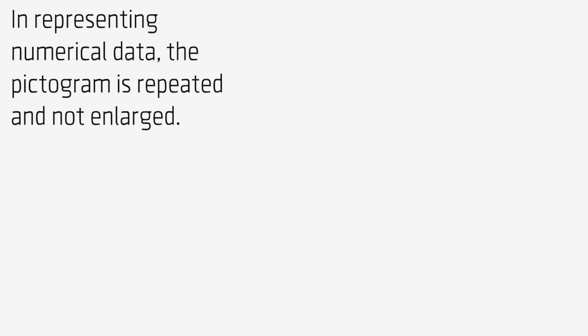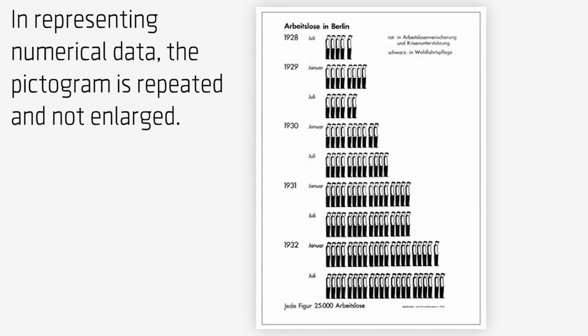In an attempt to maintain an honesty of representation, pictograms representing numerical data are repeated and not enlarged. Isotype is a form of popular science and education visualization, so precise metrics were not really needed for the purpose of it. And according to Otto Neurath, one of the core Isotype practitioners, remembering simplified data graphics is better than to forget precise numbers.